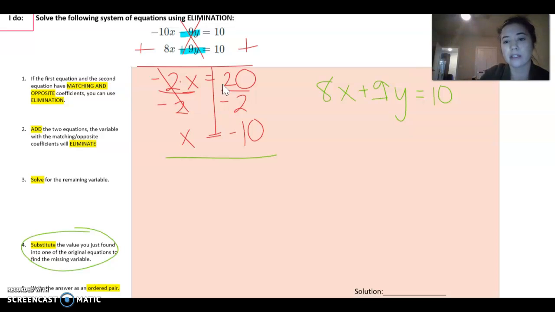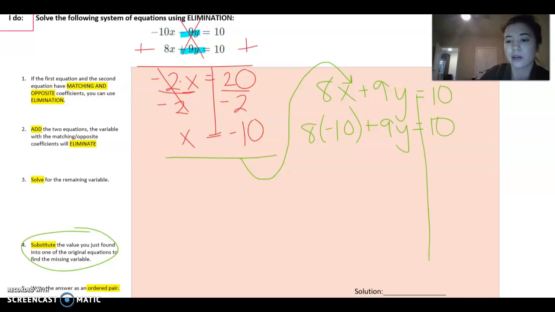Now in this, again, we can only solve an equation when we have one variable. Right now I have x and y, but guess what? We know what x is. So instead of keeping x, we're going to plug in that -10. And we're going to solve for y now.